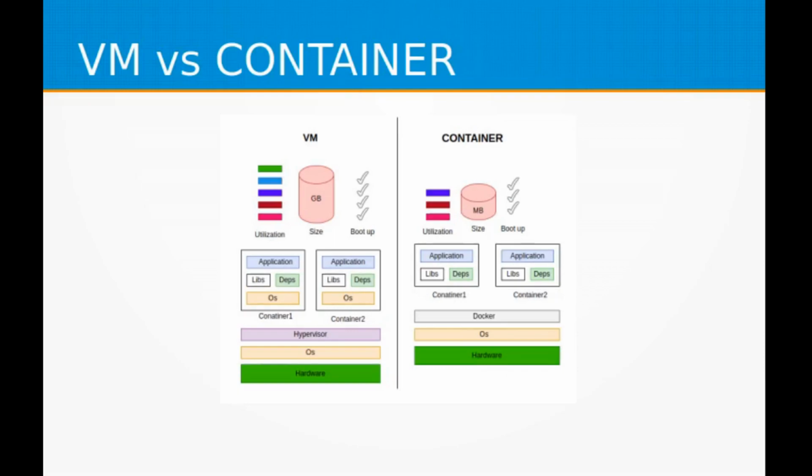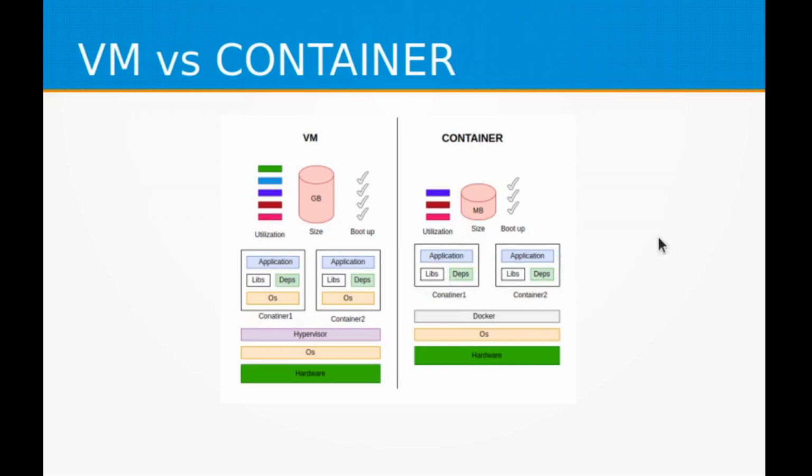For a container, which is associated with Docker, we have the underlying hardware in the green box, and then the operating system is installed on it. On the operating system we have Docker installed. Docker then manages the containers that run with libraries and dependencies. You can see in the image that in the container section we have two containers running.